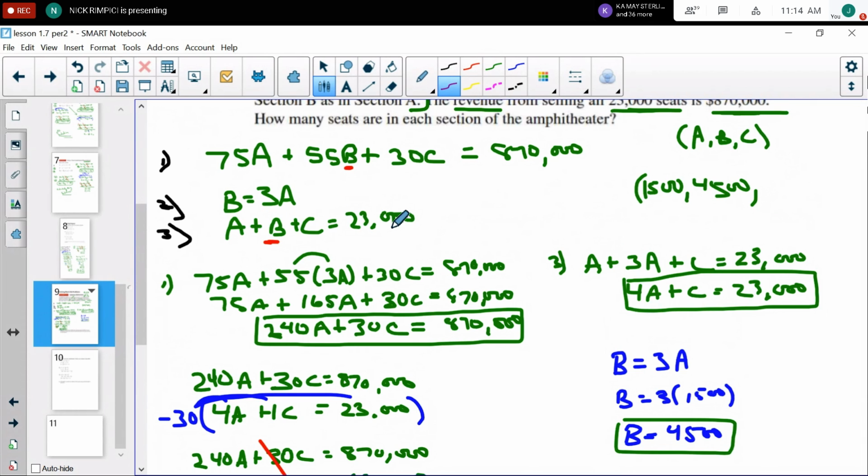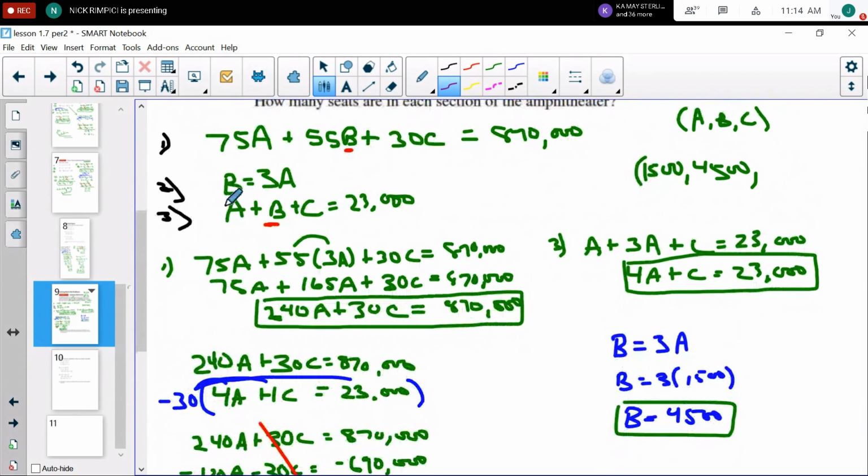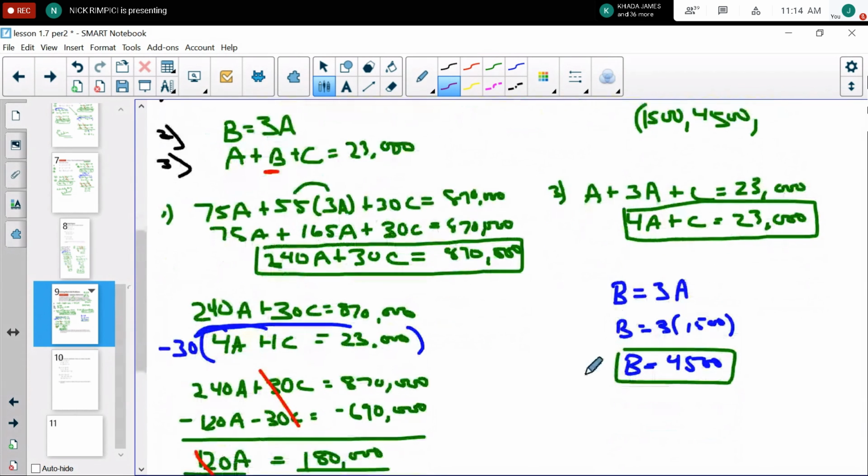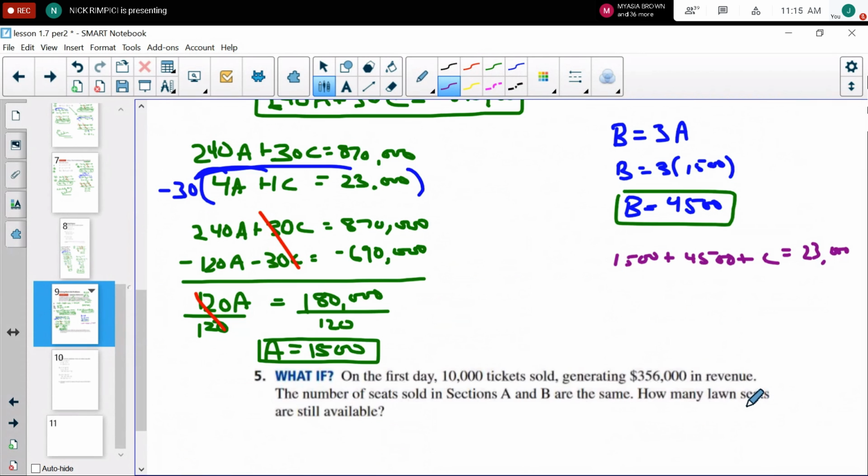A plus B plus C is 23,000. Well, I know A is 1,500, so I can replace A with 1,500. And I know B is 4,500. I don't know what C is, but I know the total has to be 23,000 seats. So now it's pretty easy.